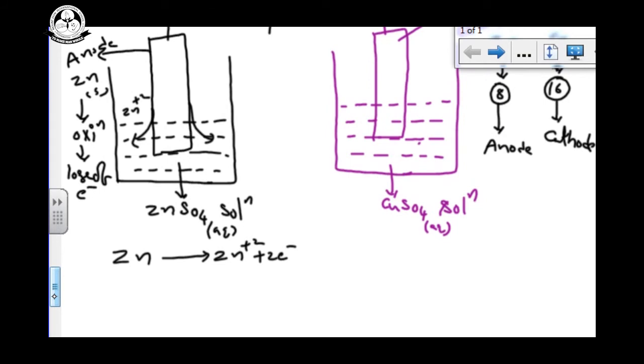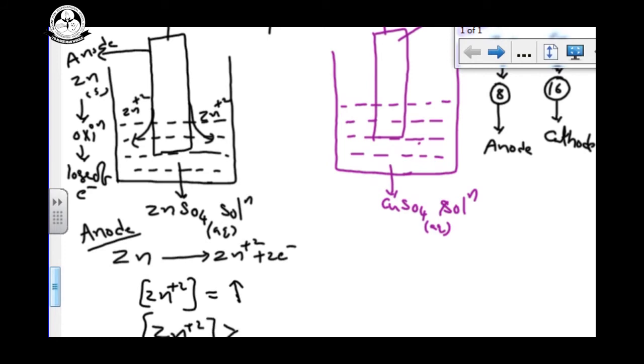Carefully observe. This is the anode reaction. After some time, the zinc ion concentration will increase in our solution. More zinc ions are coming into the solution. So zinc ion concentration is more in our solution when compared with sulfate ions.